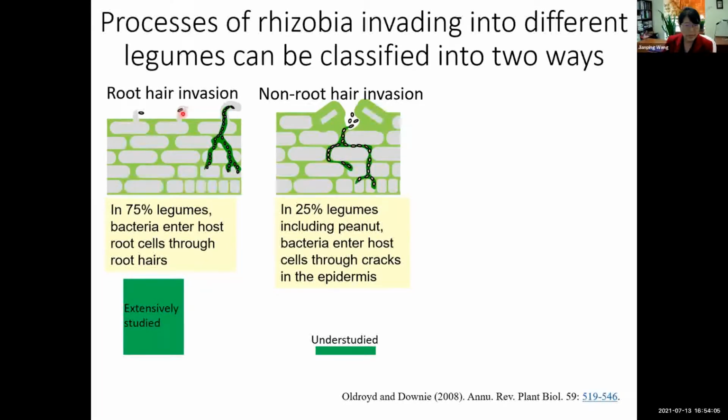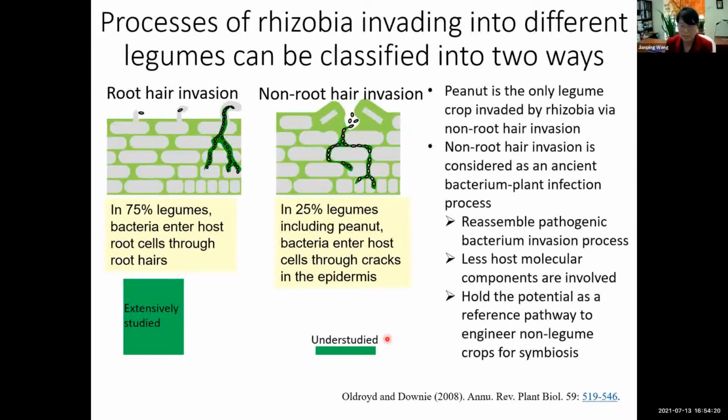Because model legume species and many legume crops use root hair invasion, it has been extensively studied. But non-root hair invasion is extremely understudied. Peanut is the only legume crop invaded by rhizobia through non-root hair invasion.